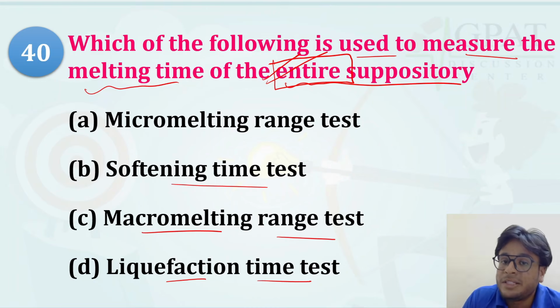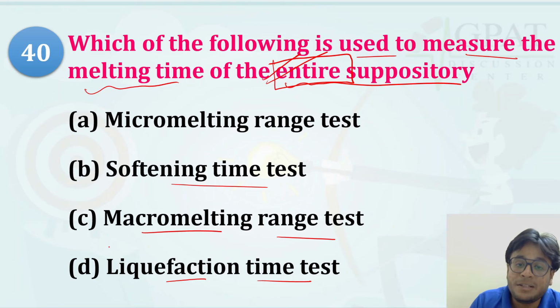For the measurement of the complete melting of a suppository, that particular test is done in order to measure how much time a given suppository will take to melt when it is placed in a particular body cavity, how much time it will take to melt the whole of its content.